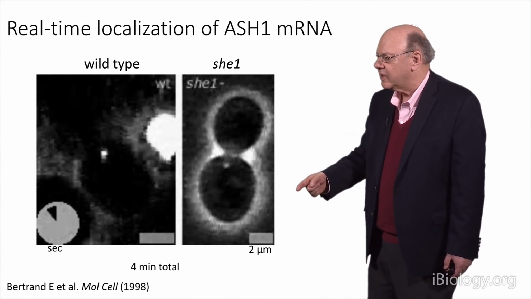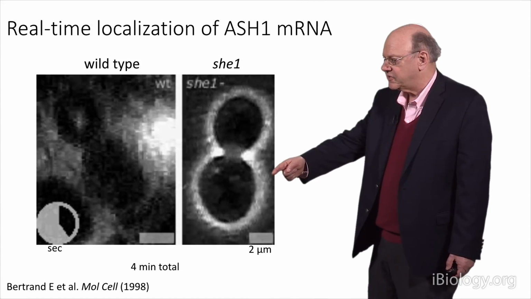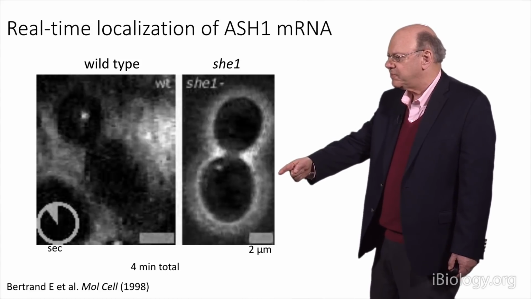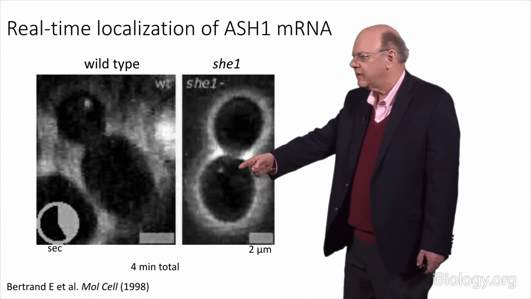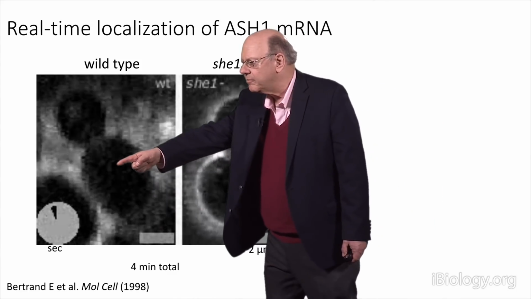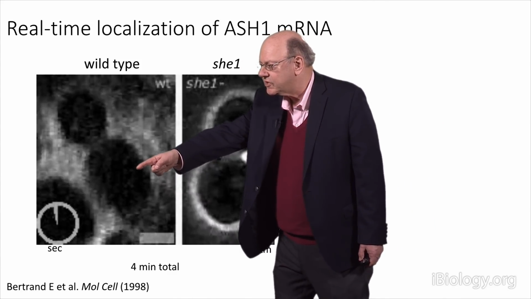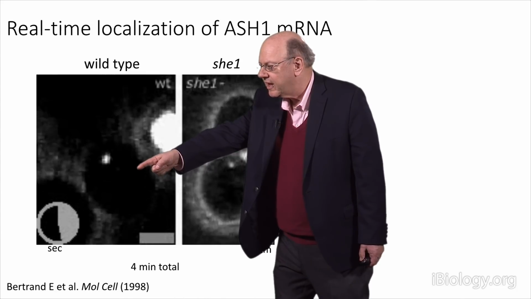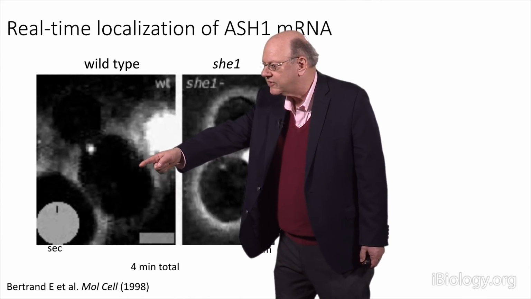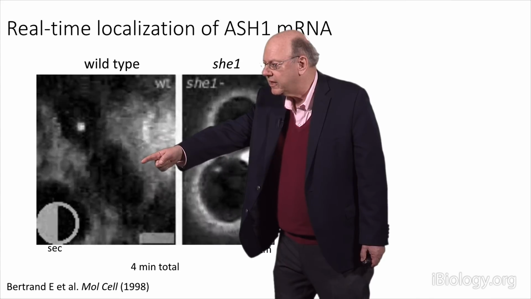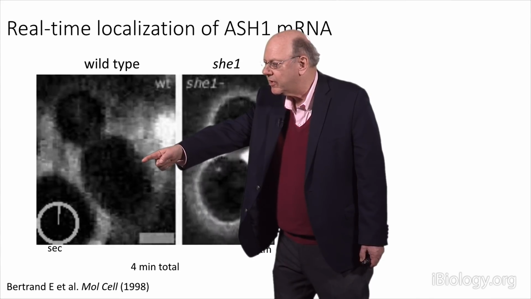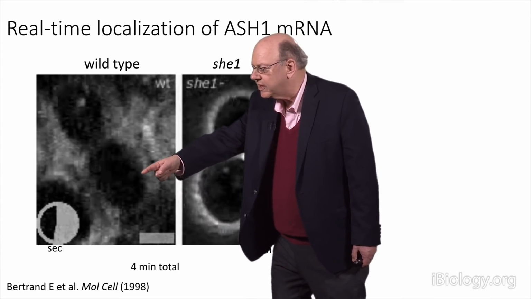Here it is occurring now, this is a 4-minute movie, speeded up. And you can see here in the wild type, the RNA starts in the mother, and it bounces around a little bit. And then it gets immediately exported into the bud, where it docks there and makes protein.